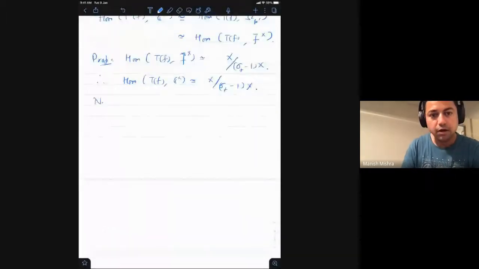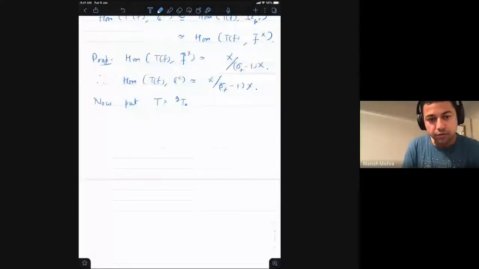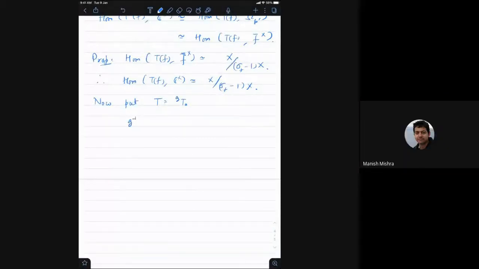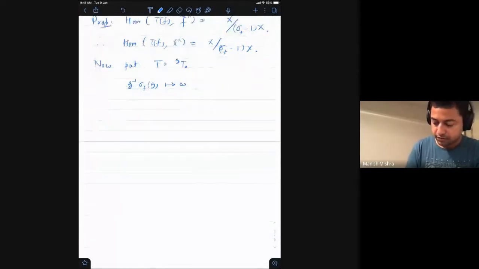Now obtain T from some conjugation of T_0 by some element g, where g inverse sigma_F g maps to omega, in the Weyl group.